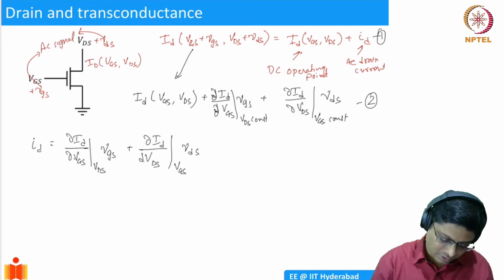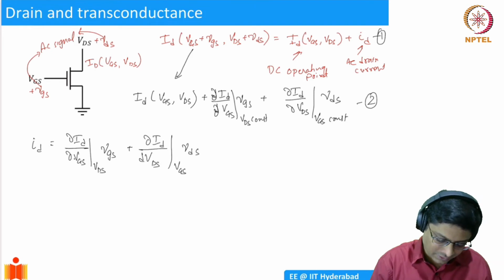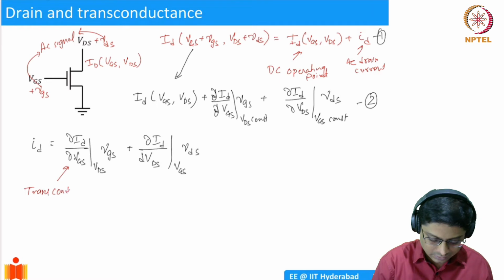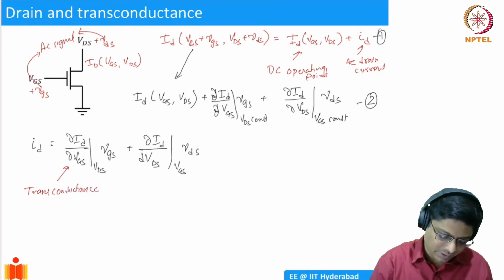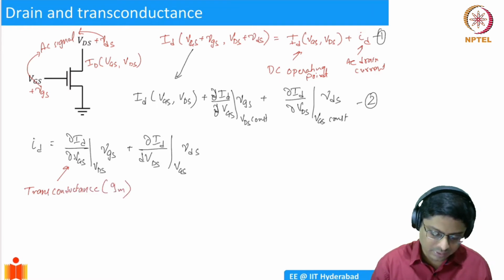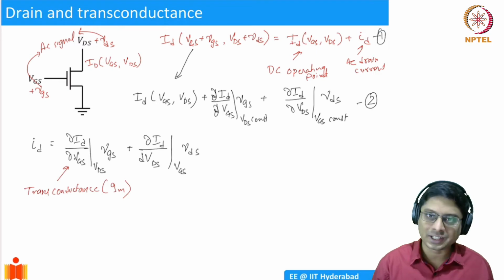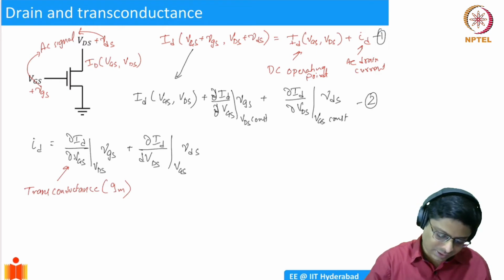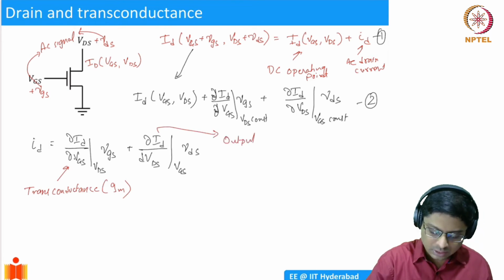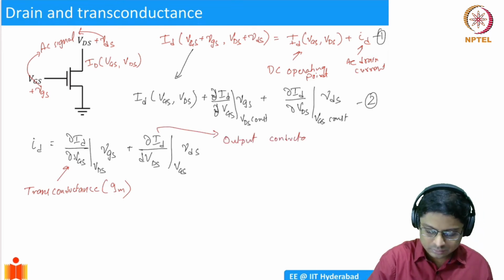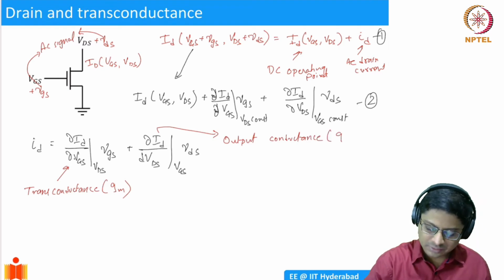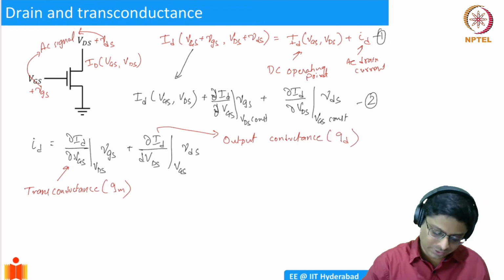So this particular term is called transconductance, and we give it the name GM. We will derive an expression for it in a moment. And the other term is output conductance, and we'll call it GD.